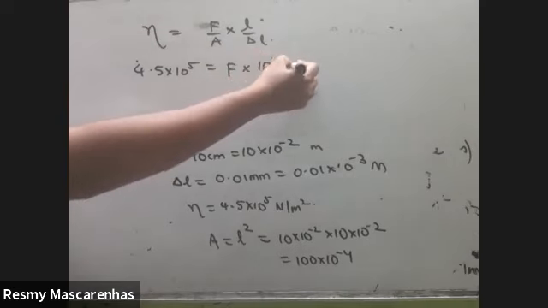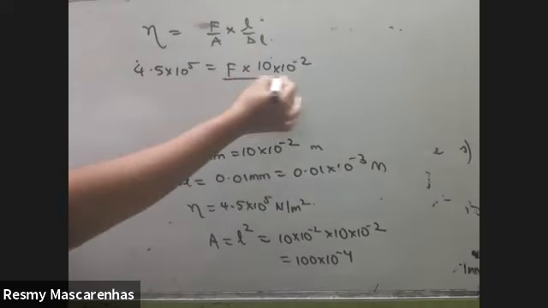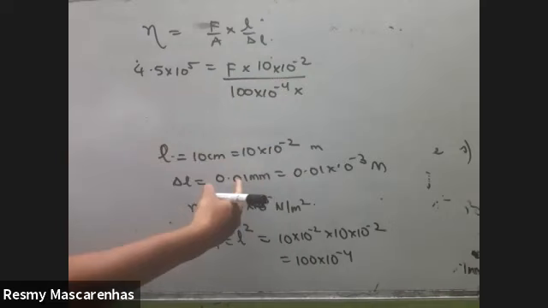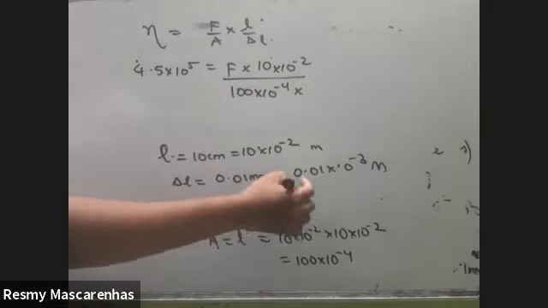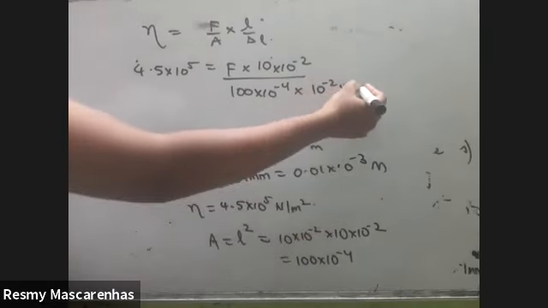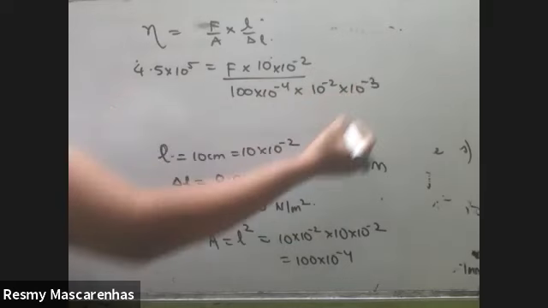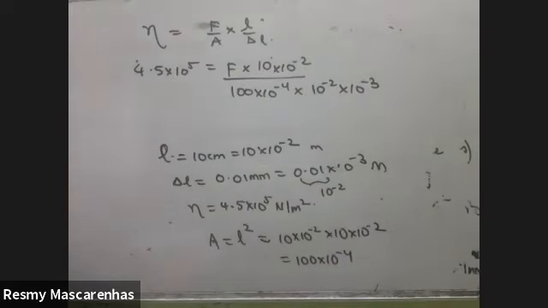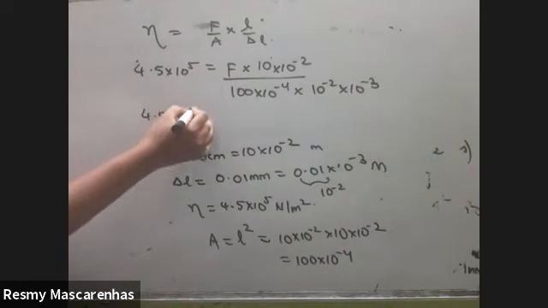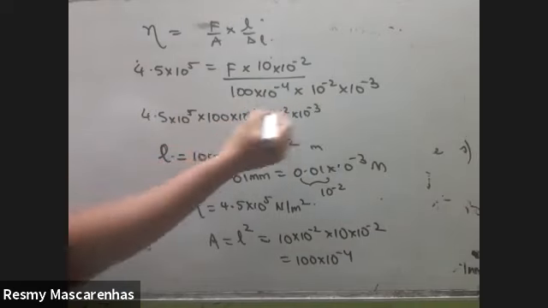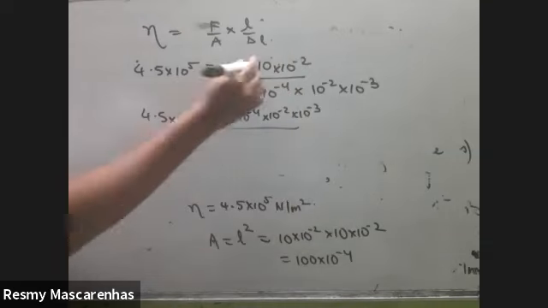Length is 10 into 10 raised to minus 2. You can write it as 10 raised to minus 1 also. Area is 100 into 10 raised to minus 4. Change in length, 0.01, is nothing but 10 raised to minus 2. This value is 10 raised to minus 2. Put it in. Now calculate F. Everything will go to this side. This thing will come down.